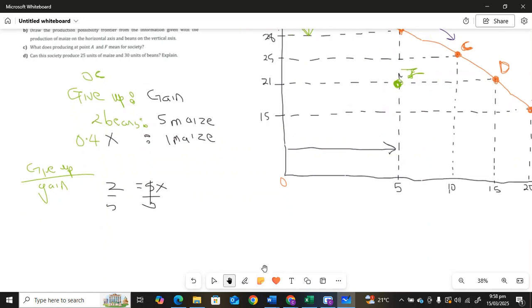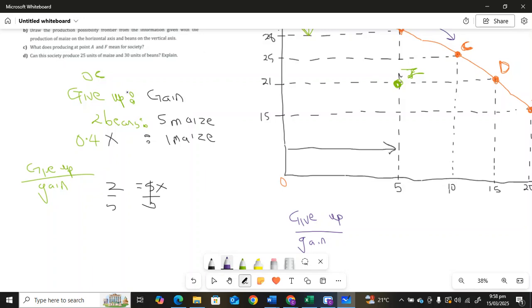On your piece of paper, just put here, give up divided by gain. You don't need to put the ratio like this. Once you've grasped the concept, you don't need to.